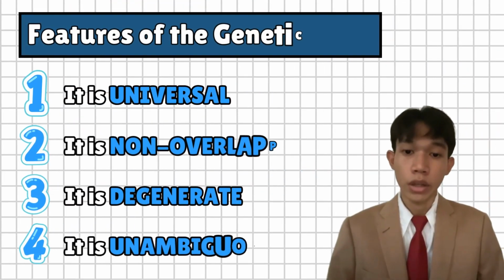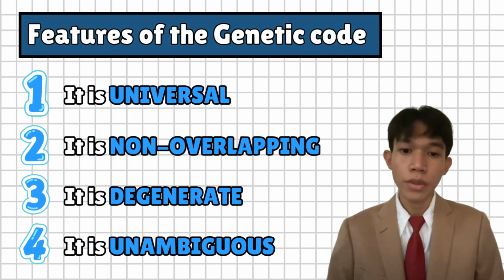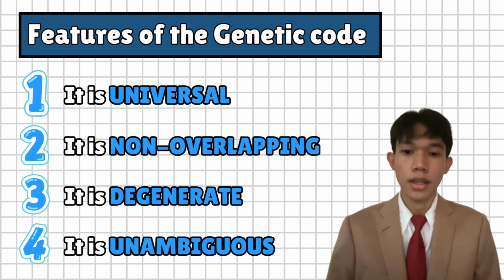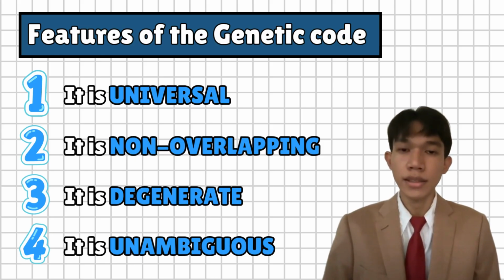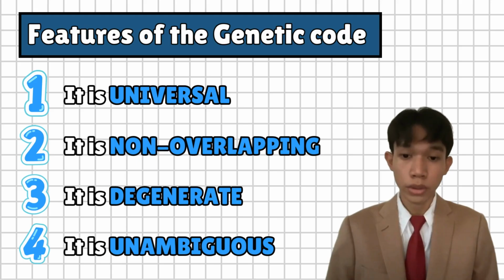Before we wrap this part up, remember these 4 big features of the genetic code. It's universal. Almost all living things use the same code. It's non-overlapping. Codons are read one by one, not reused. It's degenerate. Some amino acids have multiple codons. It's unambiguous.